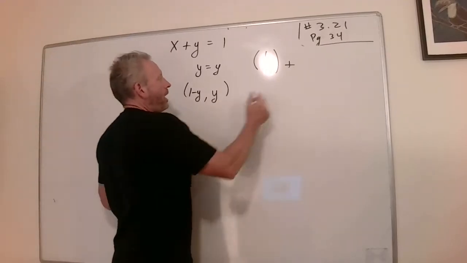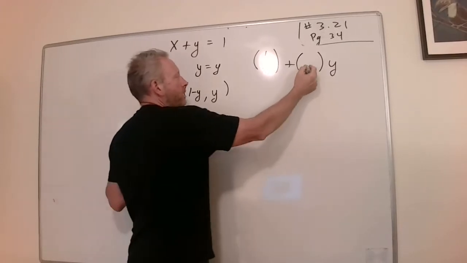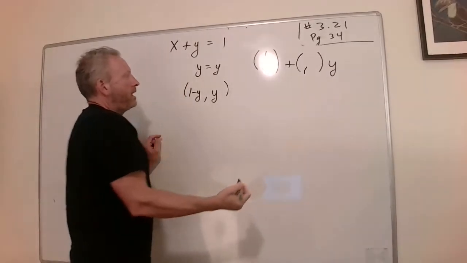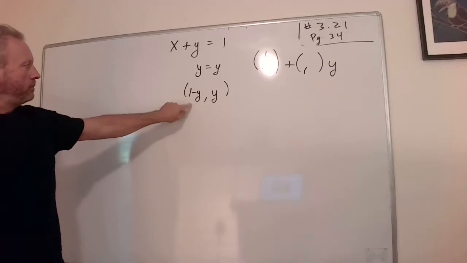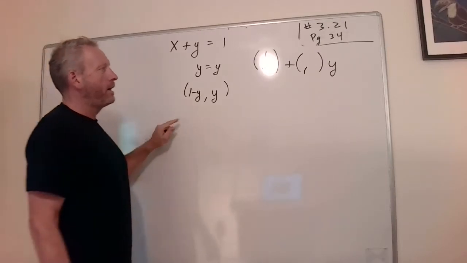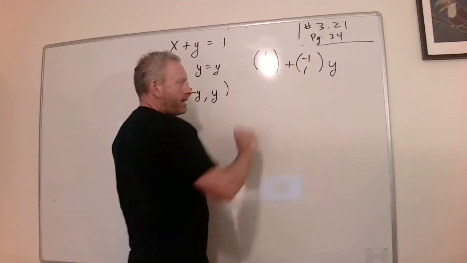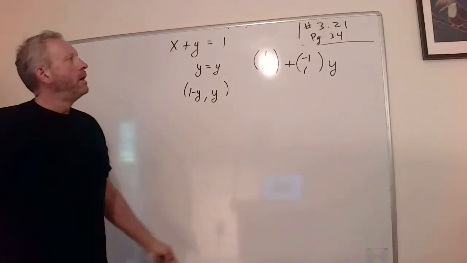What's the free variable? Y. And we just have to think about, what does it have to be? Well, y is y, so we need a 1 down here. And what is x supposed to be? It's supposed to be 1 minus y, so we'll put a minus 1 right here. You see, when you multiply that out and add it to that, we get what we're supposed to get.